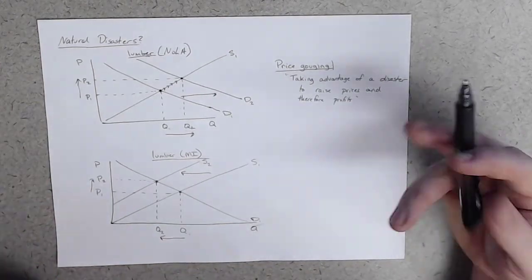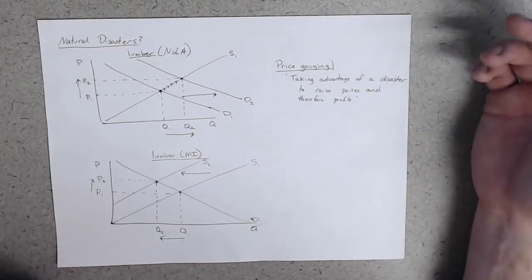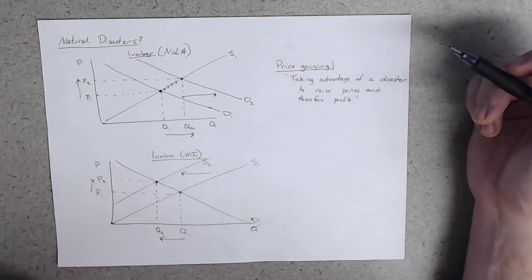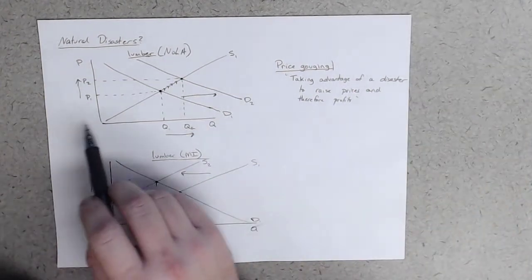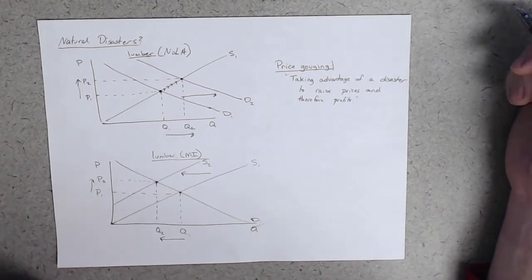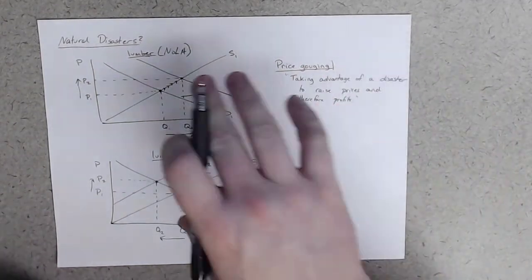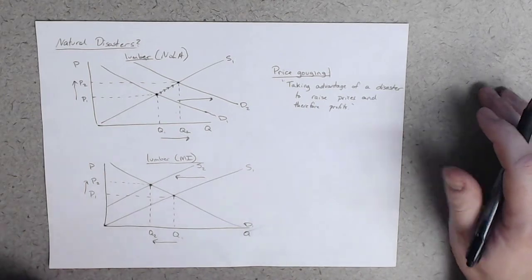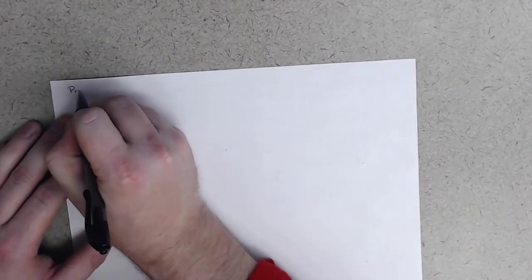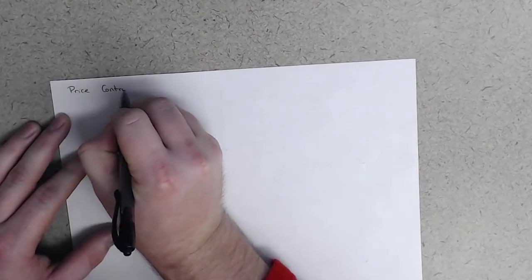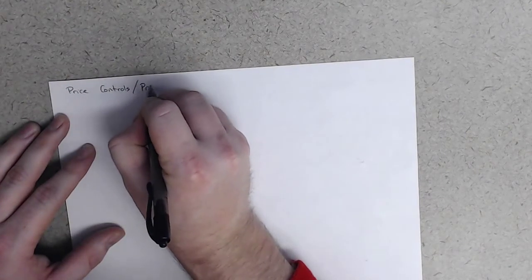But let's see what happens when we perhaps restrict prices. Okay, so let's see what ends up happening, and we'll come back and apply it here. Okay, so first thing that we want to do is talk about sort of the effect of price controls or price fixes.